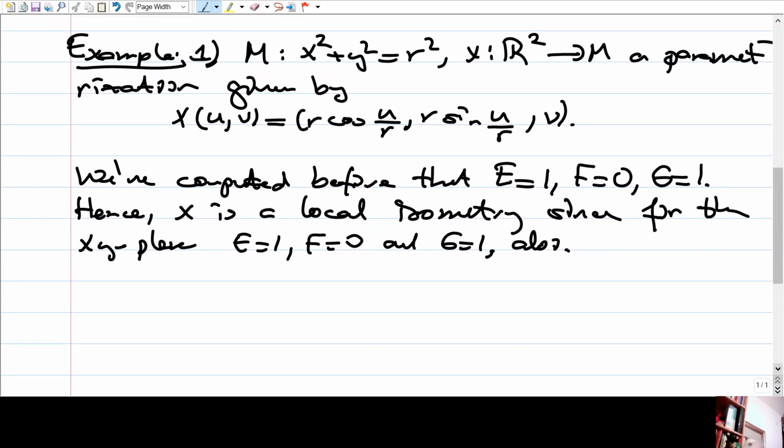Well, this is not a surprise actually. This map is a local isometry. It is because of the following. You see, this is the plane, and I just bend it like this without distorting, you know, stretching or contracting it. I just fold it and obtain a cylinder, and then you can open it up again. You obtain the plane back. That's why we don't actually change the shape of it.